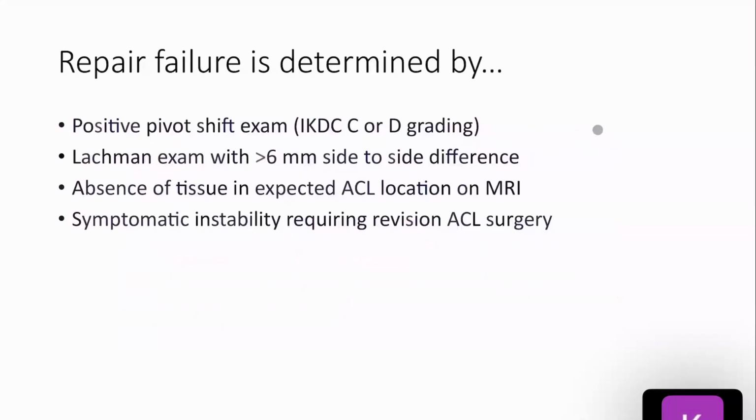Repair failure is determined by a positive pivot shift exam, grade C or D, a Lachman exam with greater than 6 millimeters side-to-side difference, absence of tissue in the expected ACL location on an MRI after you've given it some time to heal, and it can take up to 2 years for Bayer implants to heal fully. And then symptomatic instability requiring revision ACL surgery.